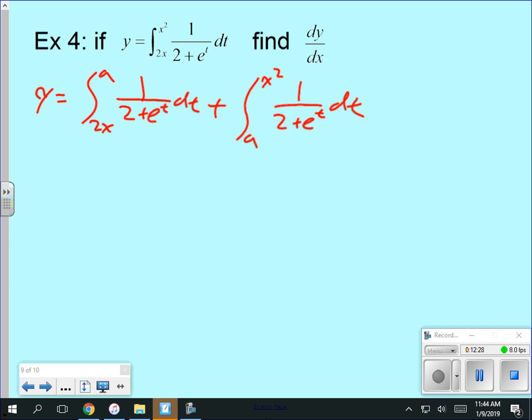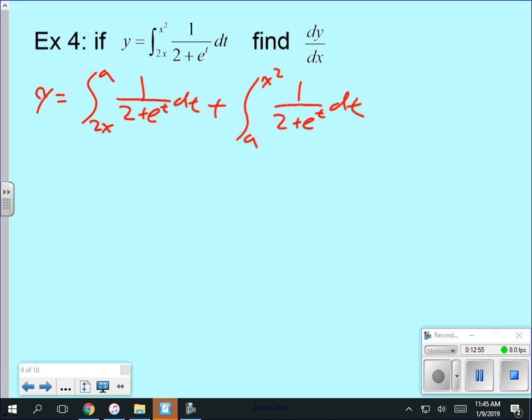Remember? The integral from a to b plus the integral from b to c is the integral from a to c. Same thing, only instead of having one, we split it up. A is some constant that's between 2x and x squared. I don't know what it is. I don't care. It's just a constant. It will become irrelevant what that particular numerical value is at some point, so I'm just going to put some constant down.